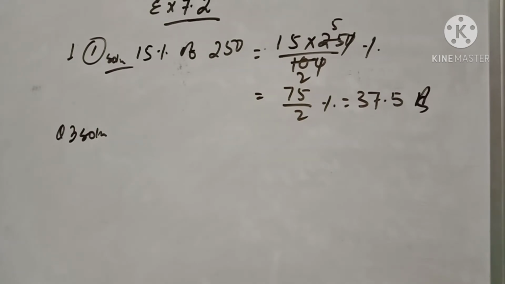Question number 3, it is given Vasundhara ate 3 ice cream cups out of 20 kept in the fridge. What percent did she eat?